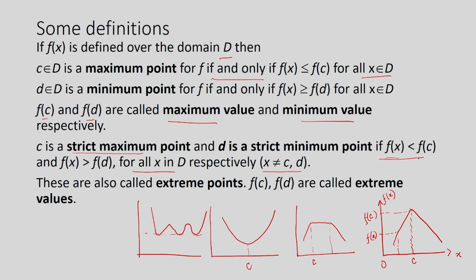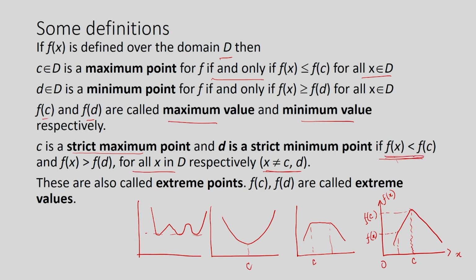Now, here if we are talking about strict maximum and strict minimum, obviously the x that we are considering which satisfy these conditions cannot be those points, right. So, that is why I have this not equal sign, because if x is equal to c, then obviously f(x) is equal to f(c), but then this condition will not be satisfied.